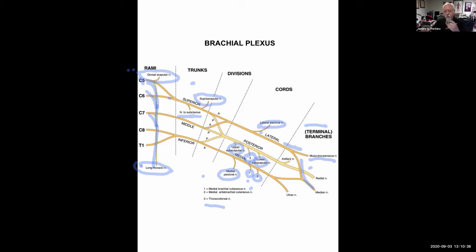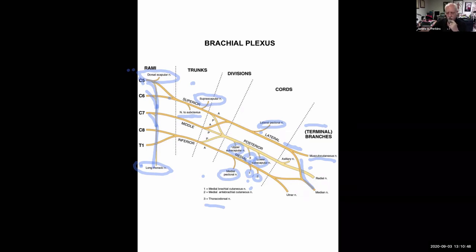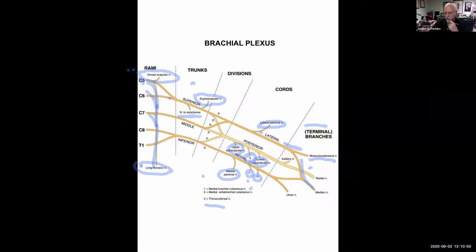The musculocutaneous nerve is a nerve that innervates both muscle and skin. So the musculo part is referring to the fact that it's a motor nerve supplying some muscles. Specifically, it's supplying all of the muscles in the anterior aspect of the brachium. So that would be things like biceps brachii, brachialis, and another muscle called coracobrachialis.